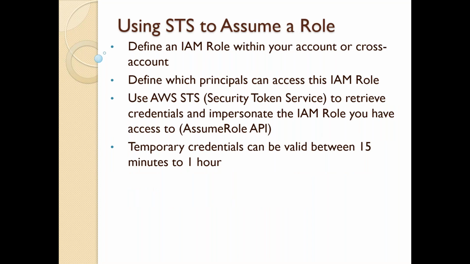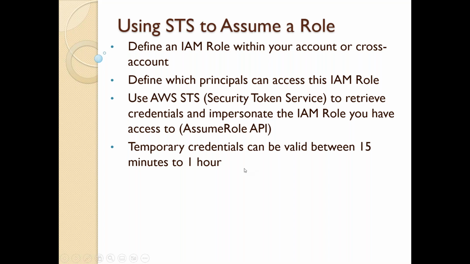There is something called STS, the Security Token Service. You define an IAM role within your account or cross account, and define who can access that role, and someone will assume that role and perform the activity. So use AWS STS to retrieve credentials and impersonate the IAM role you have access to, using the AssumeRole API.